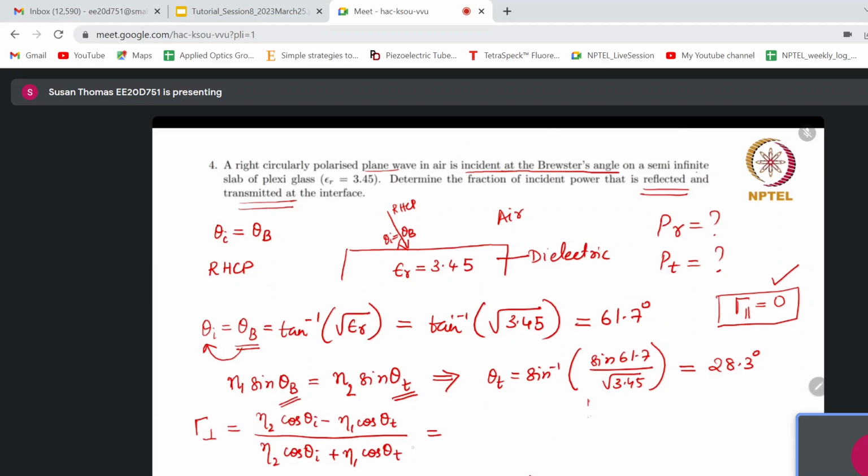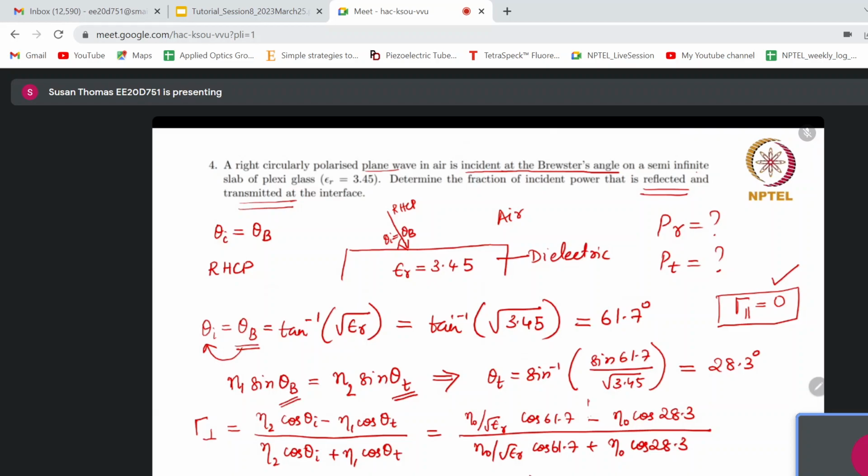Now let's try to substitute. Eta 2 is the dielectric, so let me write it as eta naught by root epsilon r into cos 61.7, minus eta naught, since eta 1 is the air, times cos theta t, which is 28.3, whole divided by eta naught by root epsilon r cos 61.7 plus eta naught cos 28.3.